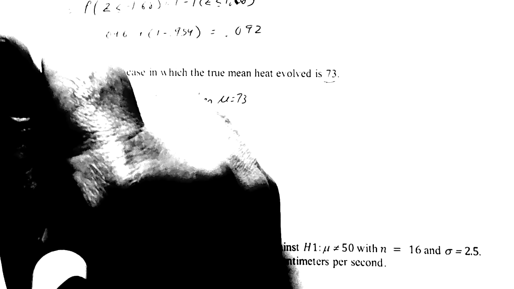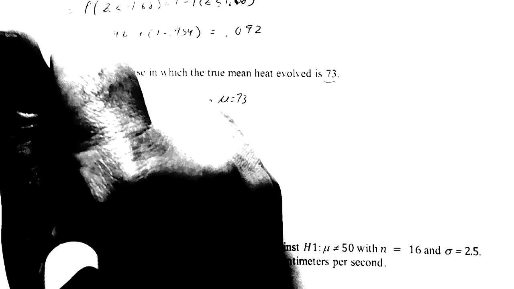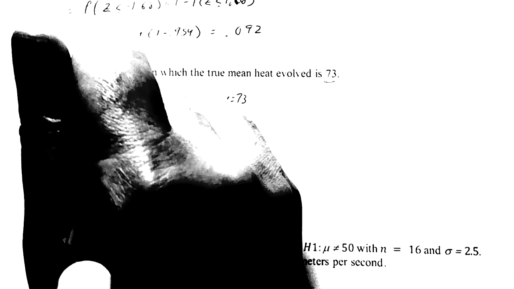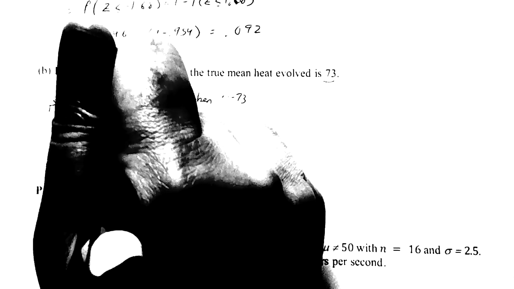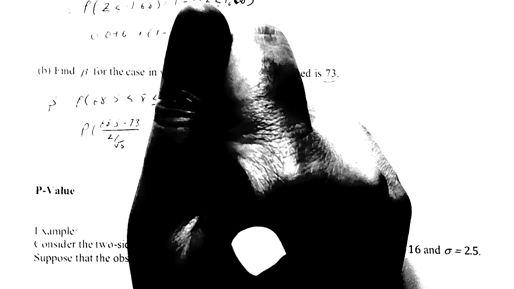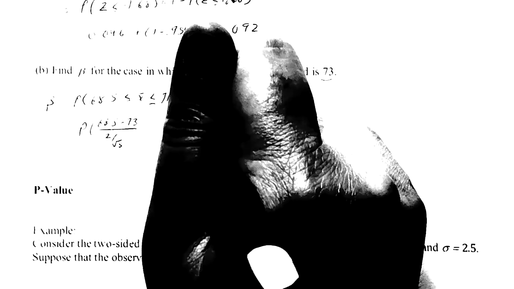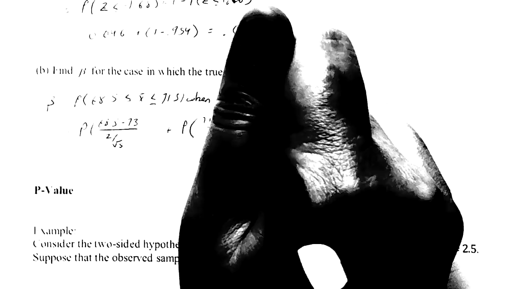And so that is equal to the probability of (68.5 minus 73) divided by (2 over the square root of 5) up to (71.5 minus 73) over (2 divided by the square root of 5).